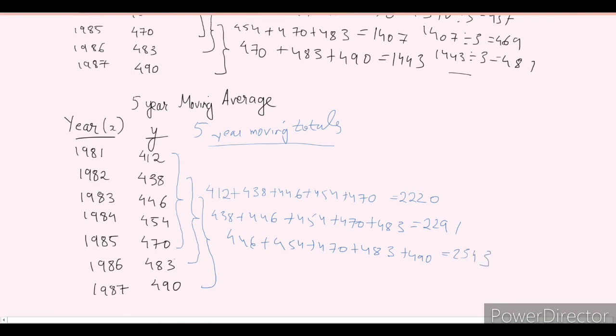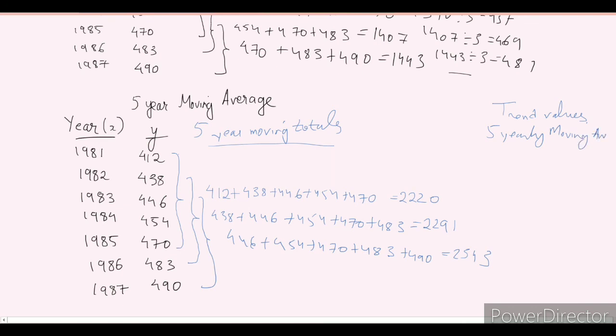As we see here, we can no longer find a group of 5 years, which means we have found our last value, and that is 2343. The last column will simply be your trend value, which is your 5-yearly moving average.